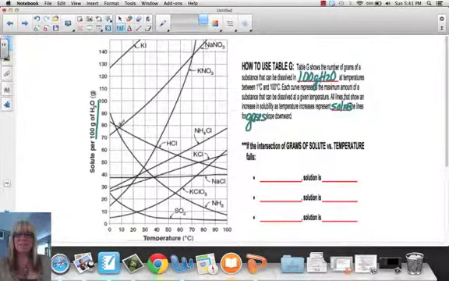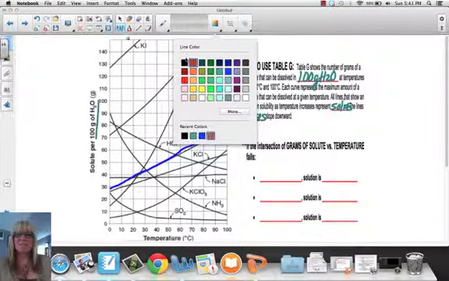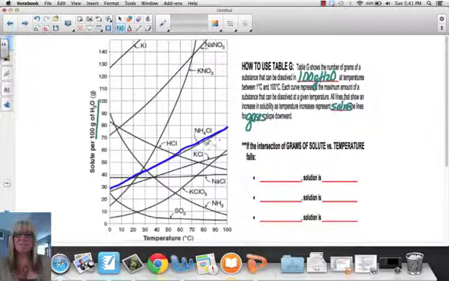I'm going to highlight the NH4Cl. So, if my data point is on the line, so we're going to mark this A, so you have a guide here.